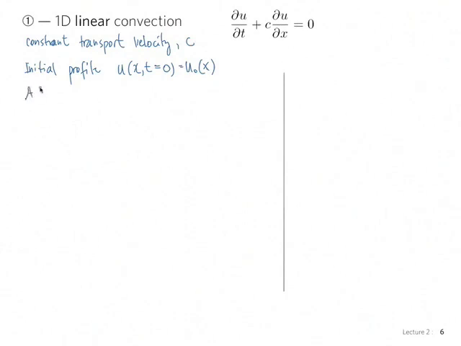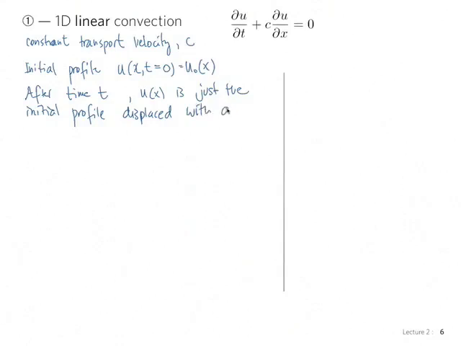So after time t, the quantity u of x is just the initial profile, but displaced by a distance x equals ct. That's all that happens. That's all that should happen with this equation.